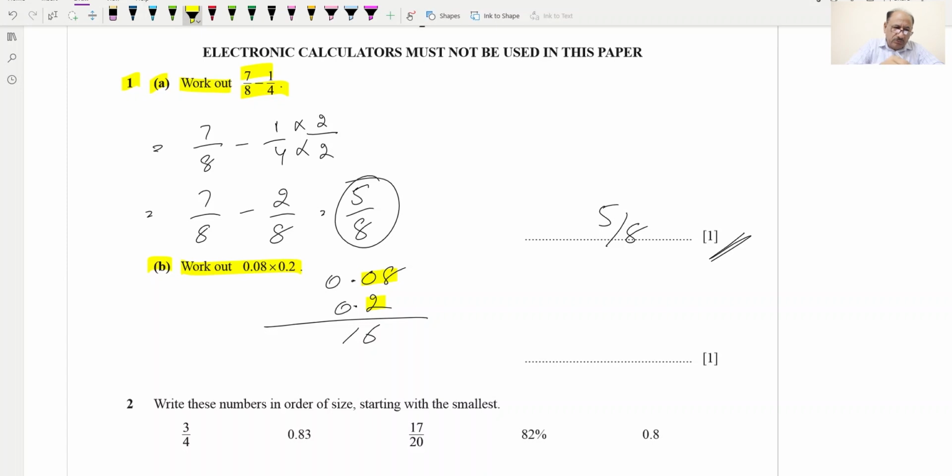So we count from the right side, 1, 2 and 3. So we'll put 0 for the third one, and our final answer will be 0.016. This is a 1 mark question.